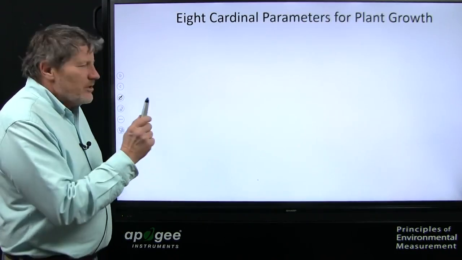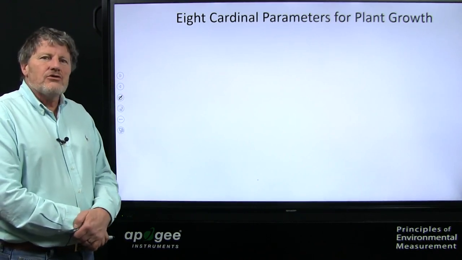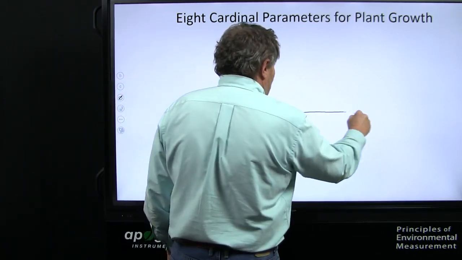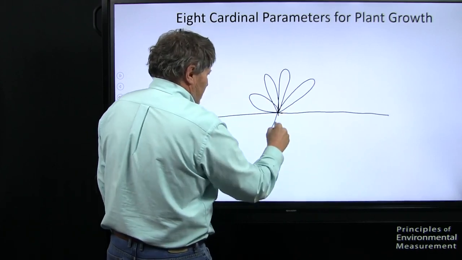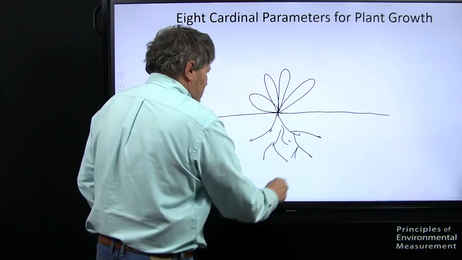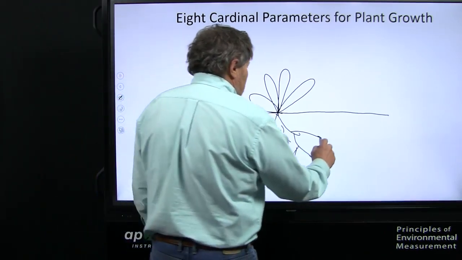The first thing we want to look at is what I consider to be the 8 cardinal parameters for plant growth. So what are these 8 parameters? So here we have a plant, and we always want to show the anatomically correct roots of this plant. Well, let's take the below ground parameters.